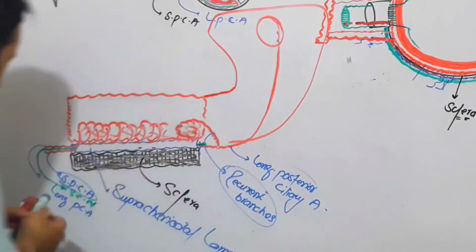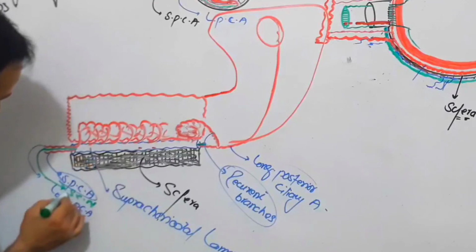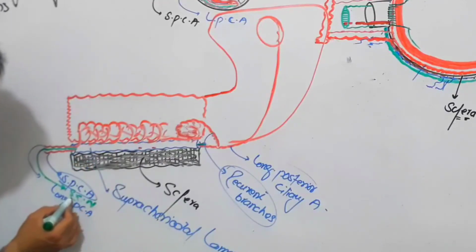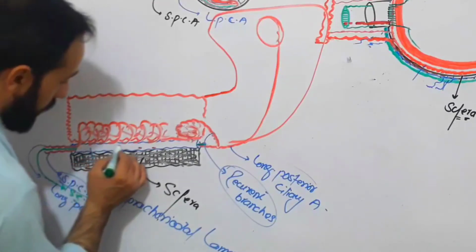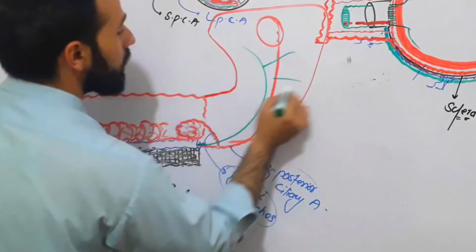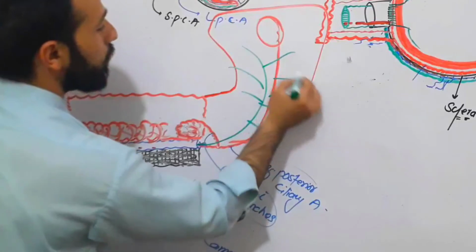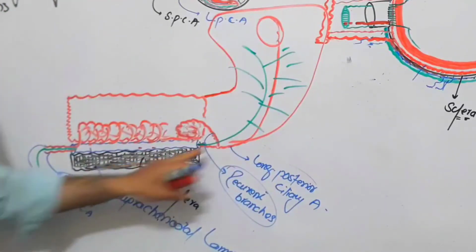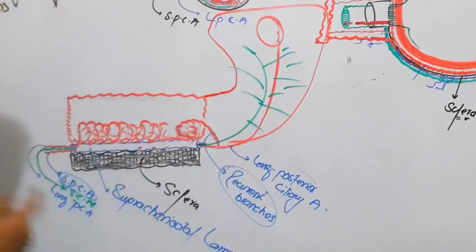That's so simple. Now look carefully. This is your, what is this? It is the short ciliary nerve. So the short ciliary nerve enters into the suprachoroidal lamina and comes towards your ciliary body, where it gives its branches. So this is your ciliary nerve. Done.